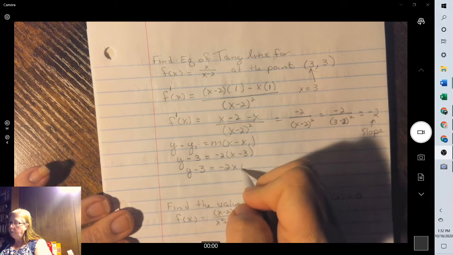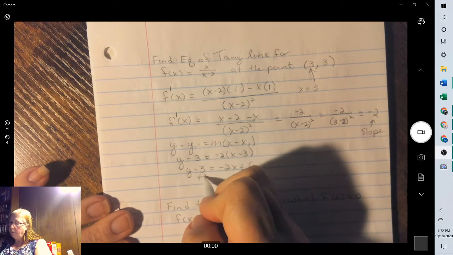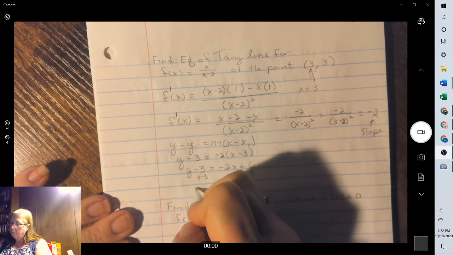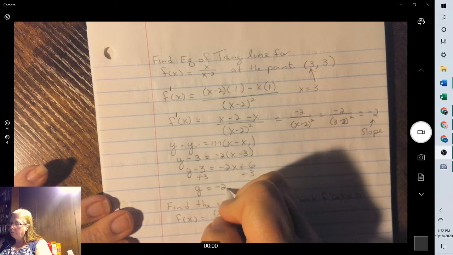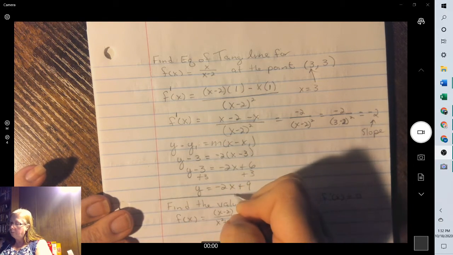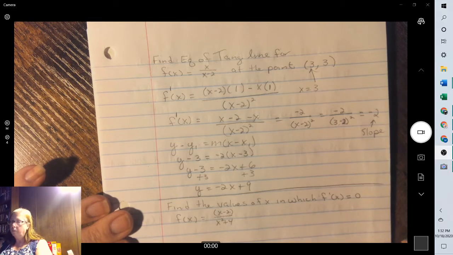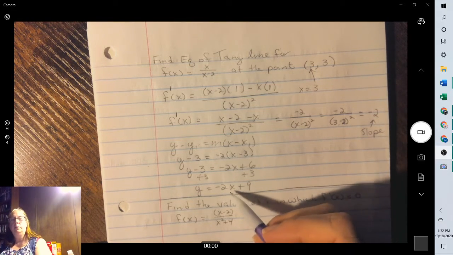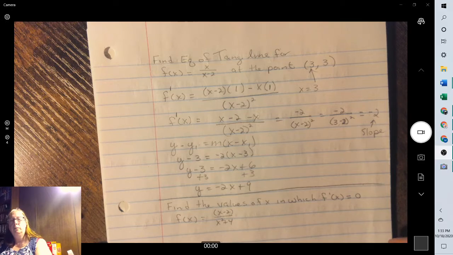Distribute the negative 2 and add the 3. And this would be the equation of the tangent line. The slope is negative 2.